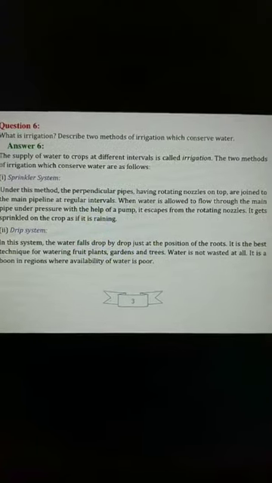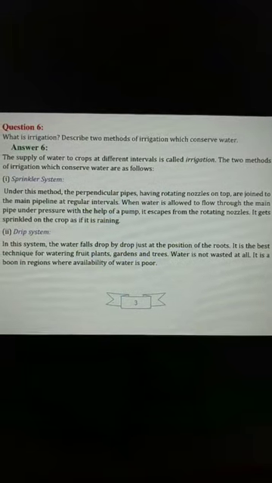When water is allowed to flow through the main pipe under pressure with the help of a pump, it escapes from the rotating nozzle. It gets sprinkled on the crop as if it is raining.